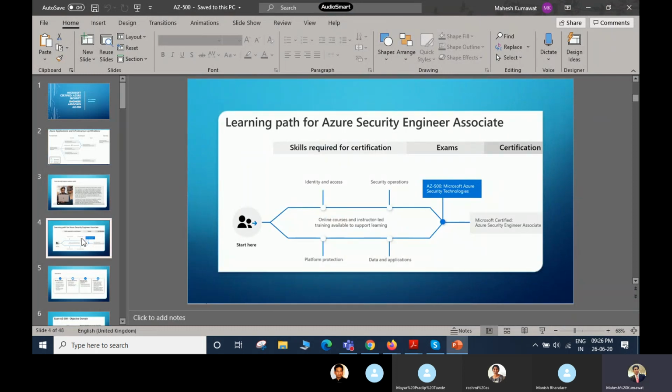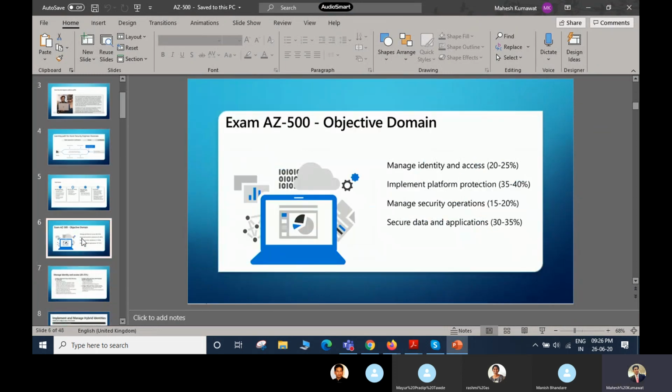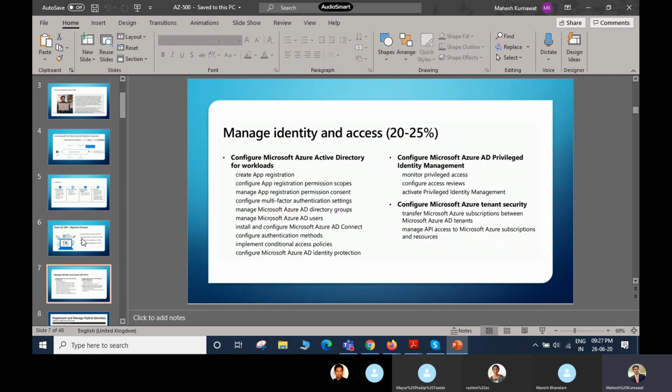This is your Azure AZ-500. We have different services: manage identity and access management, implement platform protections, manage security operations, secure data and applications. Okay, so Active Directory workloads, configure Microsoft Azure tenant security.